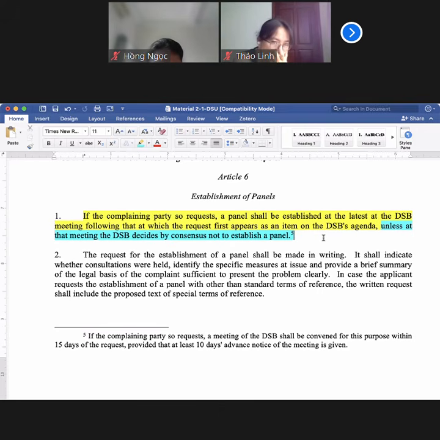It always wishes to do so because the request is submitted by that member. So this is the country which always supports this request, and so the decision not to establish a panel always has at least one vote objecting from the disputing party, and therefore it always happens.